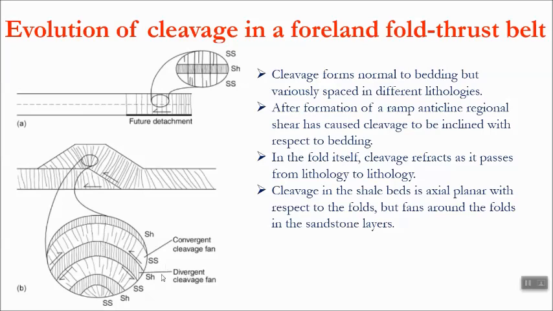Now if we go to the incompetent layer like the shale, we see that the cleavage diverges, so they tend to move away from the center. And if we go to the sandstone, we see that the cleavage will converge, they will try to move towards the center.